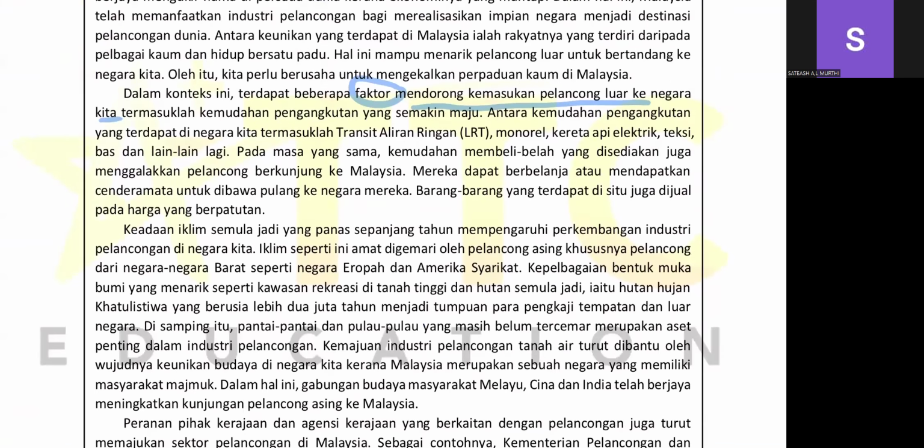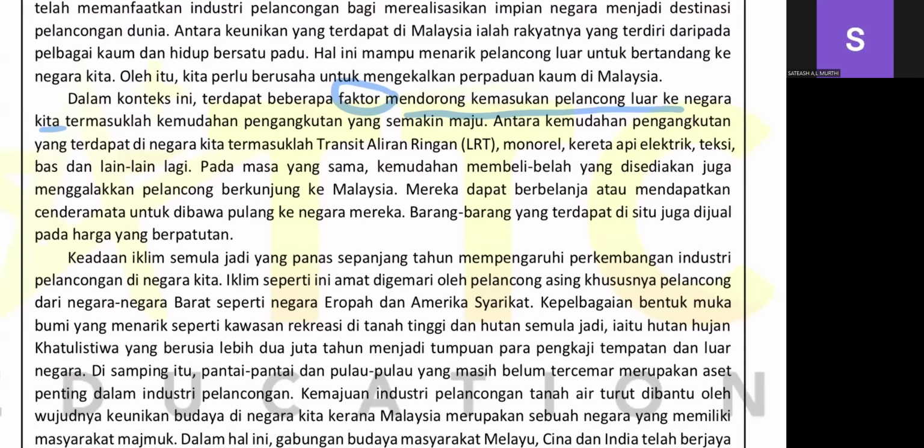Now, I want you to give me the point for factor. The reason to encourage tourists, foreign tourists, to our country. Kemudahan pembangunan.